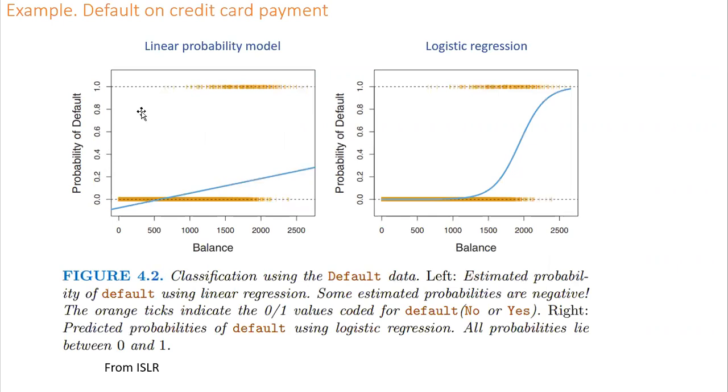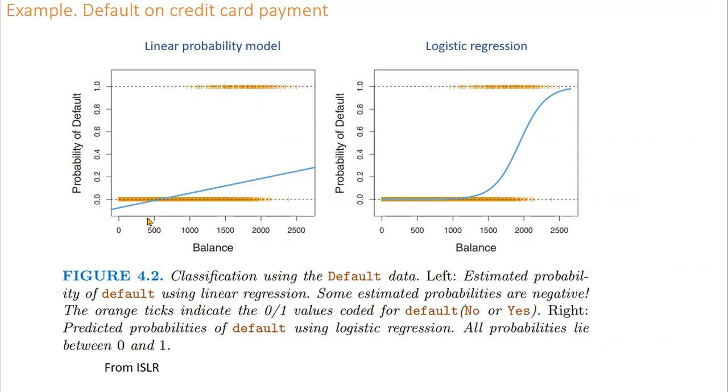Example here, default on credit card payment. Looking at the left panel, we have the balance to pay off on the horizontal, and on the vertical we have the probability of default. The observation for each person is either 0 if no default and 1 otherwise, highlighted by these yellow dots.